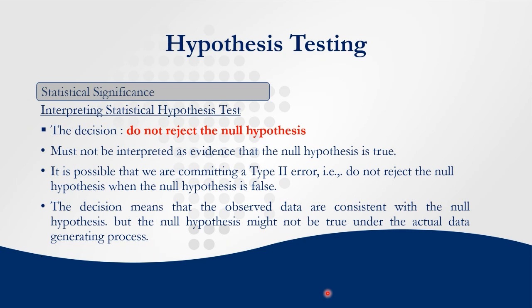So it's important that you always have that context: when we say do not reject the null hypothesis, it doesn't necessarily mean that it's true. The decision actually means that the observed data are consistent with the null hypothesis, but the null hypothesis might not be true, as we would see if we got the full data, or data for the entire population.